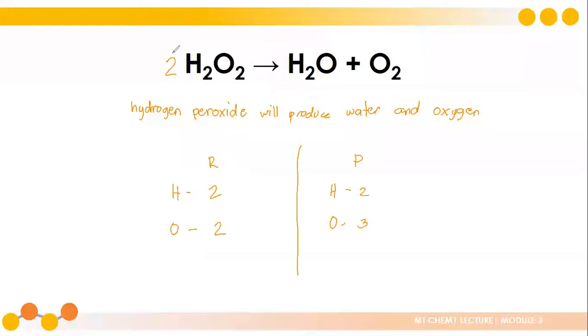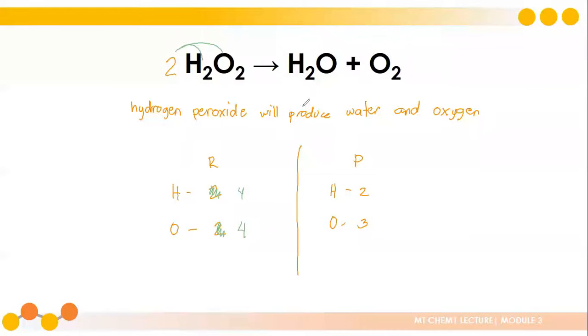So you now need to change the numbers that are included here. Hydrogen is now 4 because you need to multiply the coefficient 2 with subscript 2. So this is now 4. And for this one, you also have 4 because you multiply it with the coefficient 2.